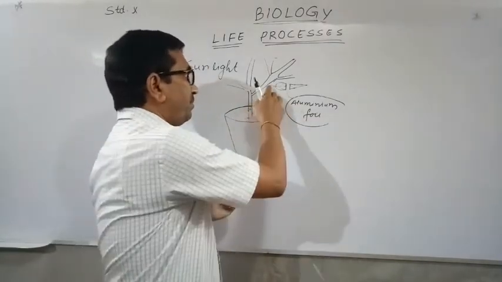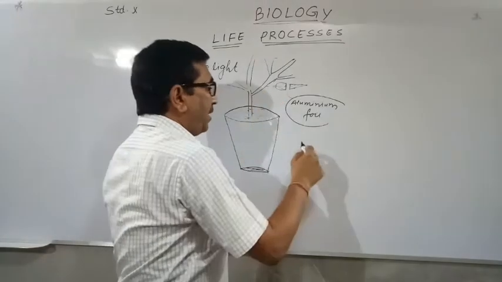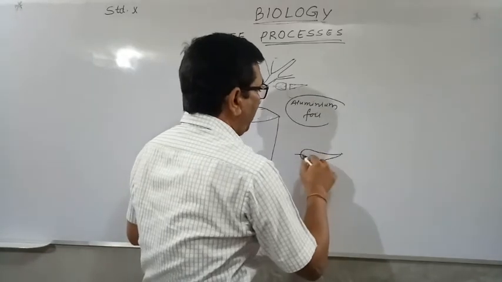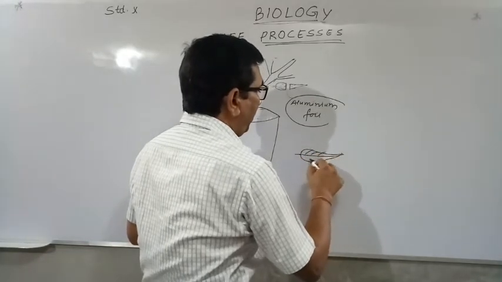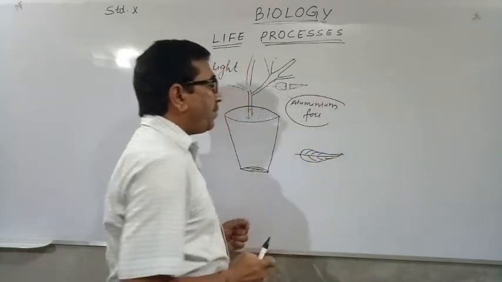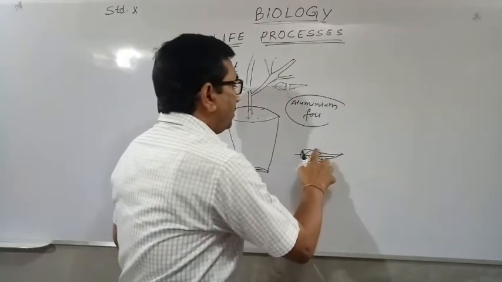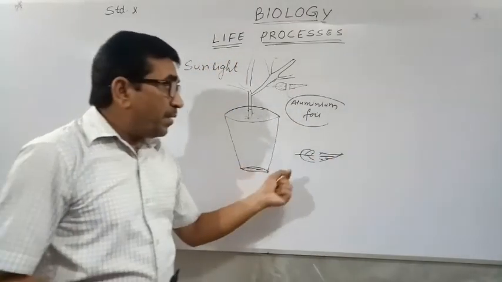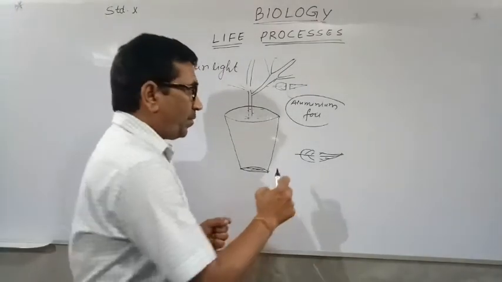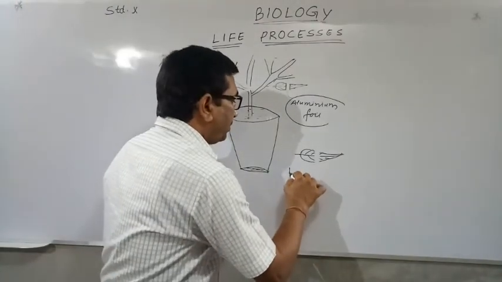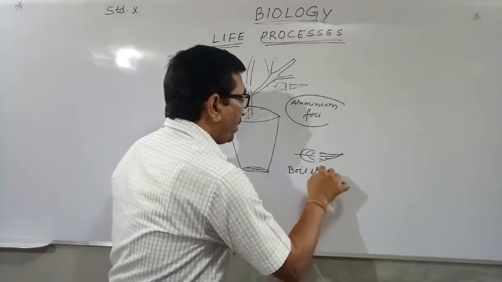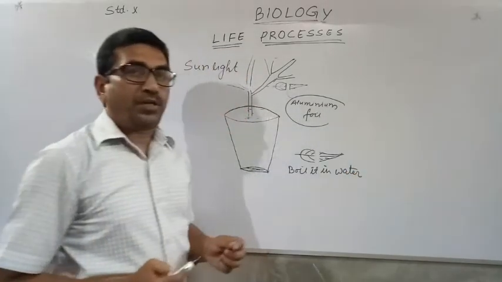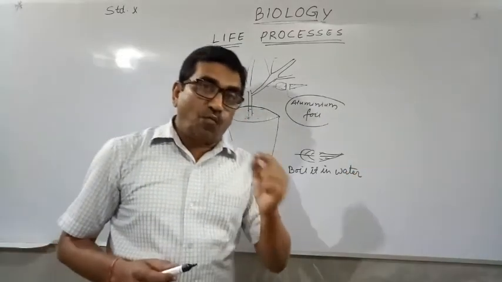We pluck this leaf, which has the aluminum foil on it, and we boil it in water. Now the question comes, why do we boil it?